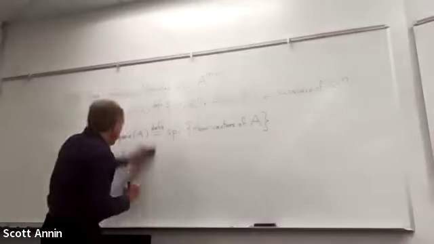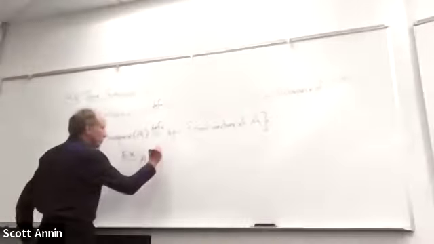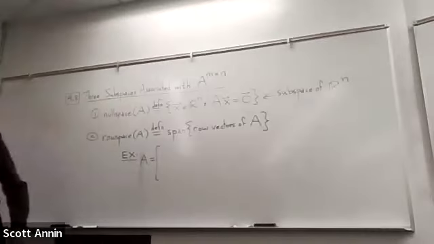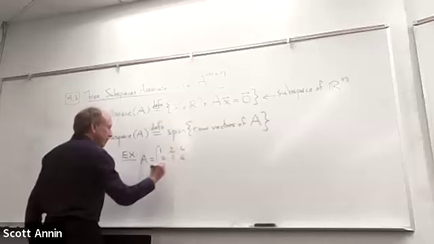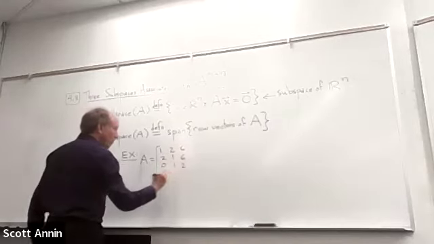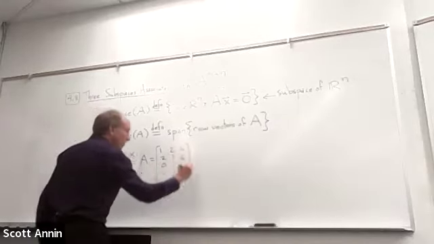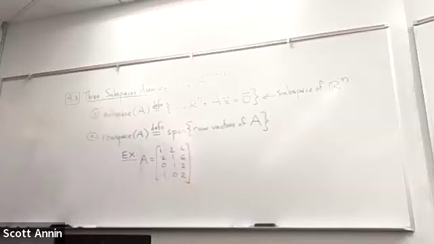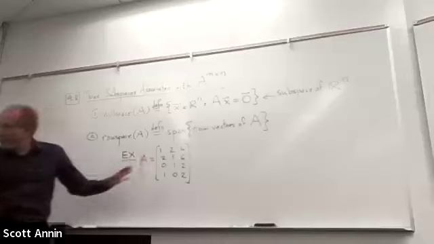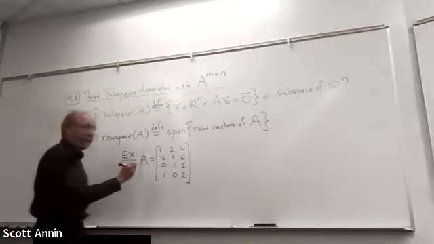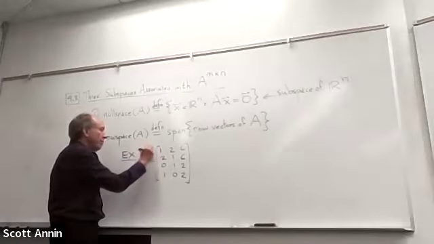Capital A was the matrix 1, 2, 6, 2, 1, 6, 0, 1, 2, and 1, 0, 2. So this will be an example we can look at in just a minute. I'll point out again that this was a 4 by 3 matrix.